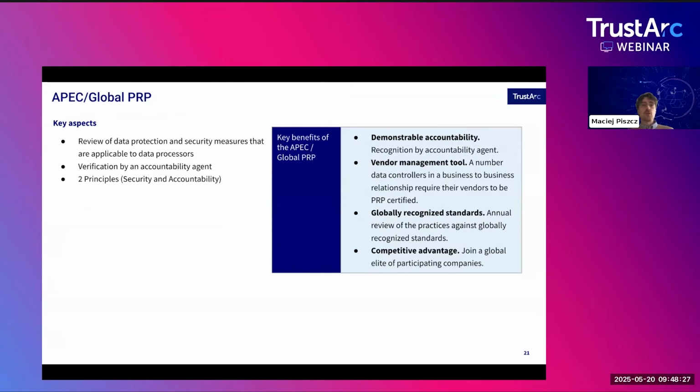Privacy Recognition for Processors, in short, PRP. This also includes an annual review, and the scope of review, the principles, and the requirements include the data protection and security measures that are applicable to data processors. Some of the benefits: this is a great vendor management tool. We see a number of data controllers in a business to business relationship that require their vendors to be PRP certified as a tool for their vendor management.